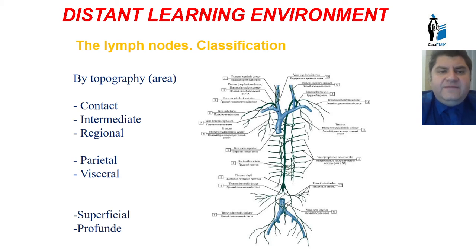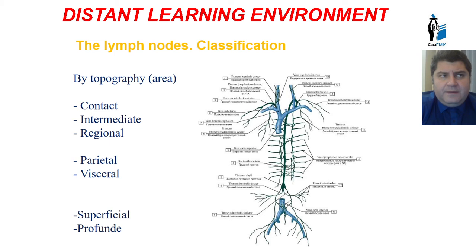If a lymphatic node takes lymph from the whole organ and from the tunics which cover the organ, it's called intermediate. And if a lymphatic node takes lymph from several organs, it's called regional.